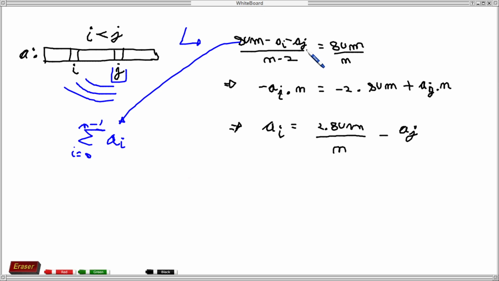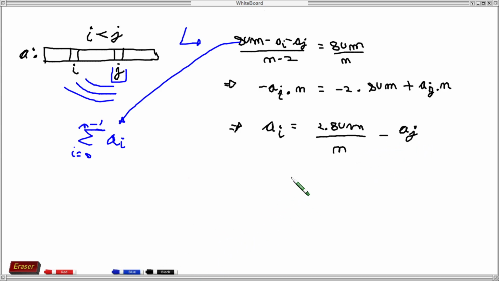Now if we remove ai and aj from it, then we are left with n minus 2 elements. So that's the average of the remaining elements, and that's the average of all elements. If we solve for ai, we get ai as 2 times sum divided by n, minus aj.